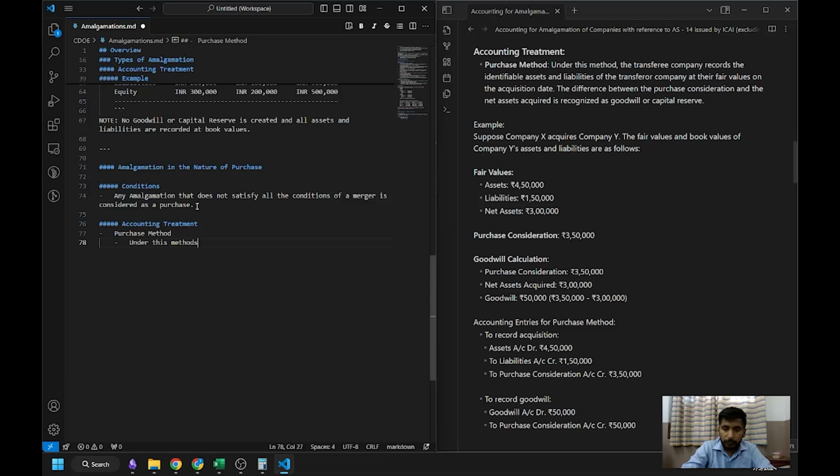So under this method, the transferee company records the identifiable assets and liabilities of the transferor company.